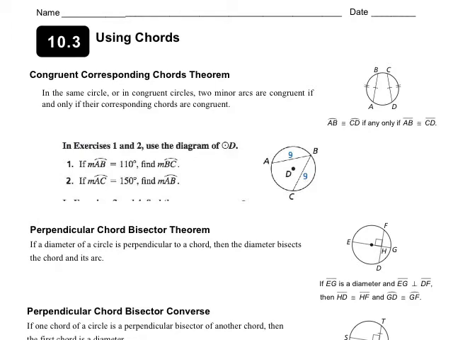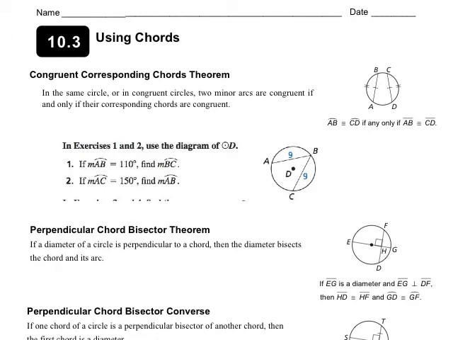So we know the full circle's 360, right? Once we take off AC, so take off 150, then we'd be left with 210. Then if we had 210 for the rest of it, we know those two remaining arc lengths should be congruent. So 210 divided by 2 would leave us with 105, right? So we can work through it that way.